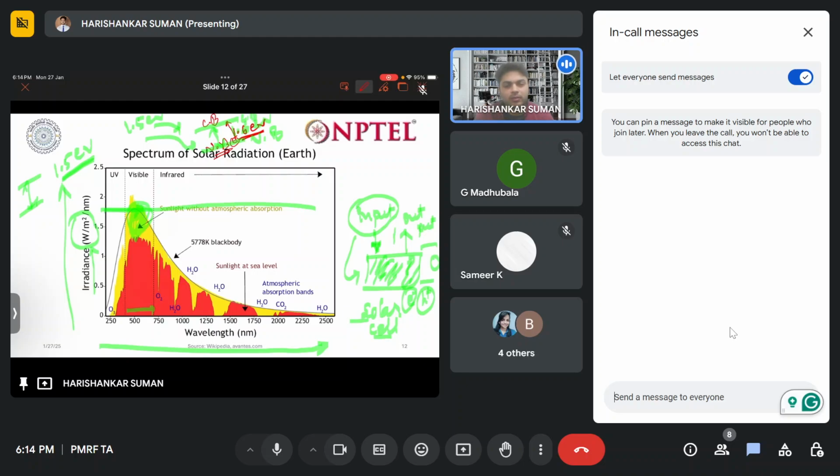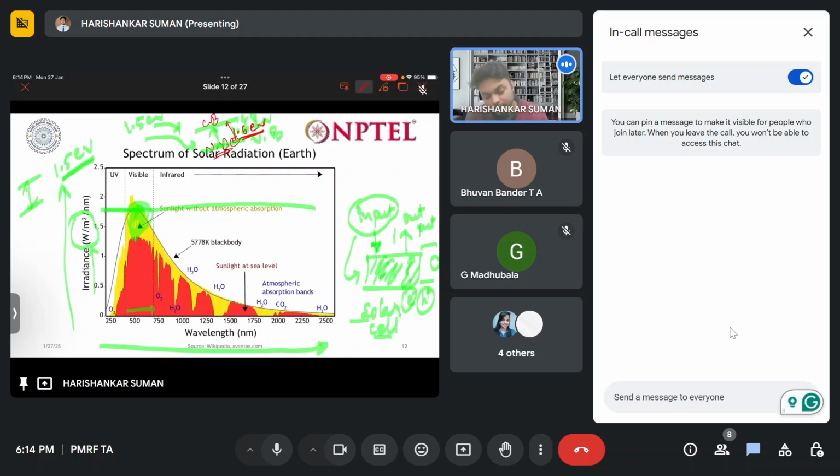Minimum energy required. If the incident energy is greater than or equal to 1.6 electron volt, then the electron will jump to the conduction band. Yeah, very good. So this is the concept: if the incident energy is less than the material band gap, the material doesn't absorb. The material absorbs only if the incident energy is greater than or equal to the band gap.